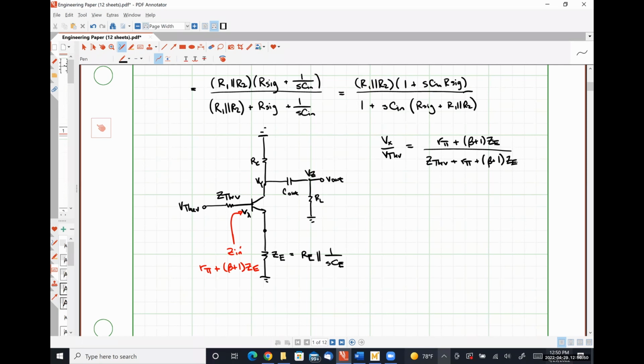And so we'll wind up having to expand this portion out to see what poles and zeros are associated with that part of the transfer function.